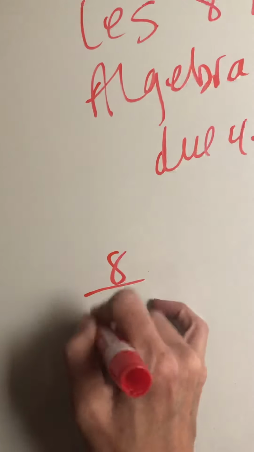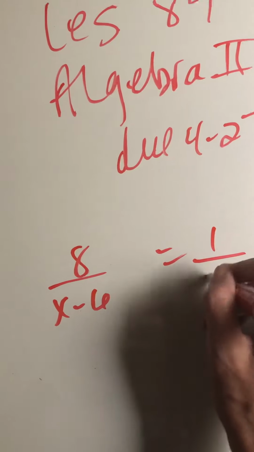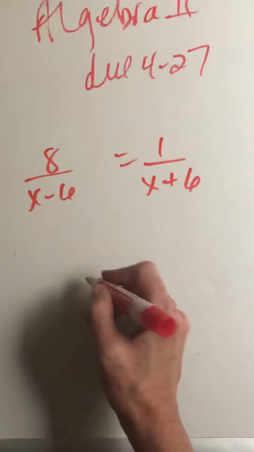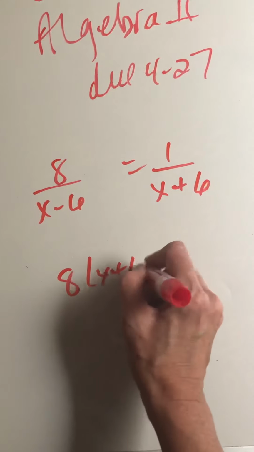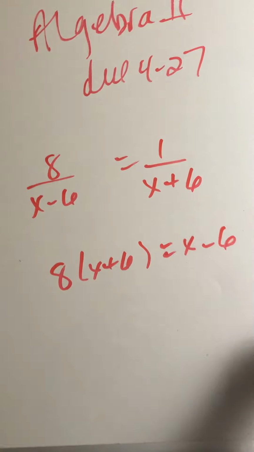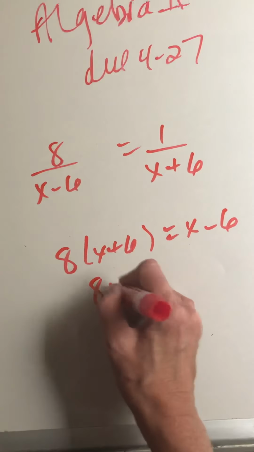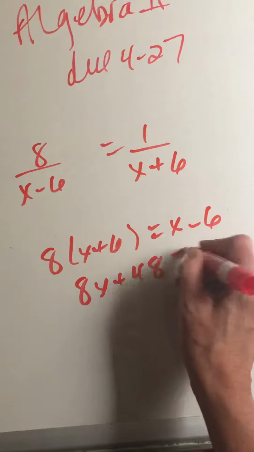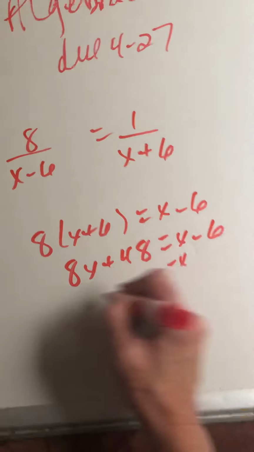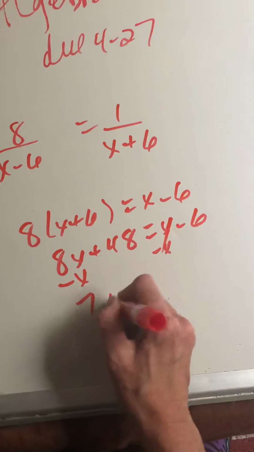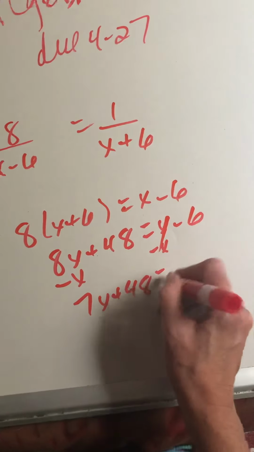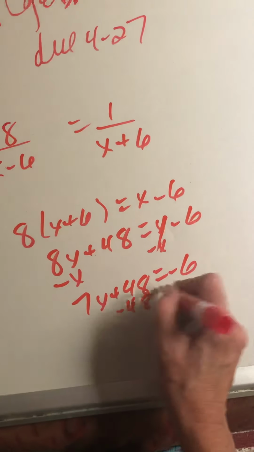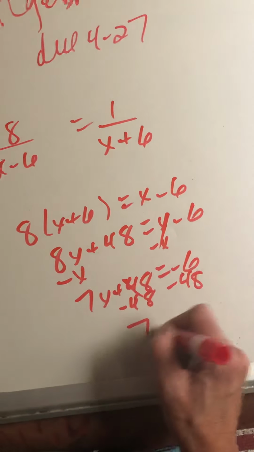Then 8 over x minus 6 equals 1 over x plus 6. So cross multiply: 8 times x plus 6 equals x minus 6, because 1 times x minus 6 is just that. So 8x plus 48 equals x minus 6. Subtract x from both sides, so 7x plus 48 equals negative 6. Subtract 48.